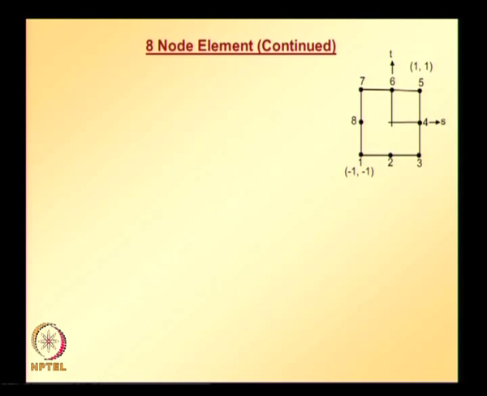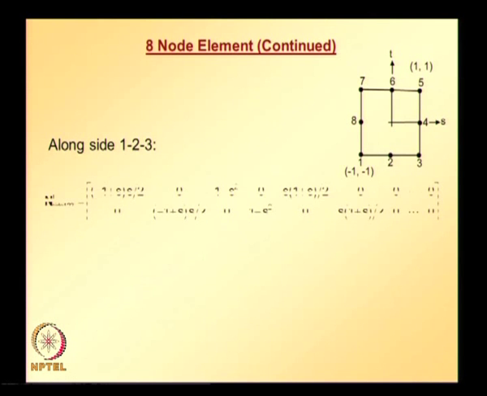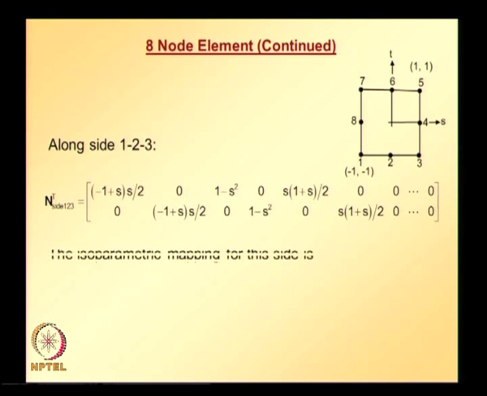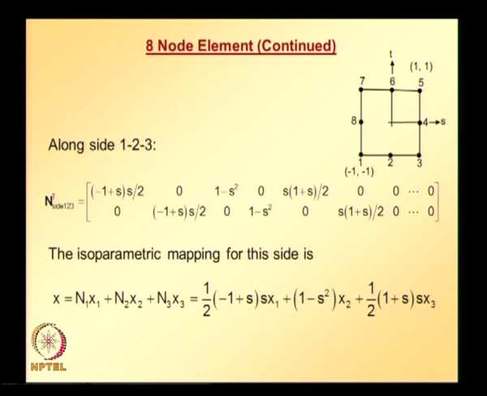So we need to write the shape function matrix along side 1, 2, 3, and then we need to write the isoparametric equations, because we need to know the Jacobian, how the differential element in the parent element along that particular side is related to the differential element in the actual element along that side. For that we require the isoparametric mapping relation for the side.